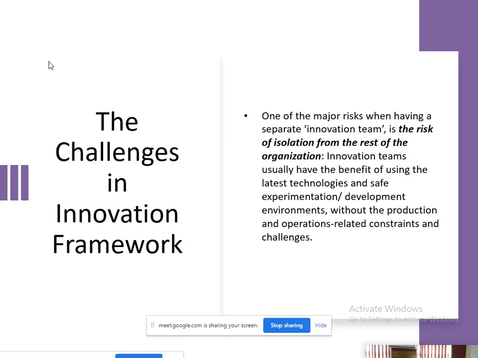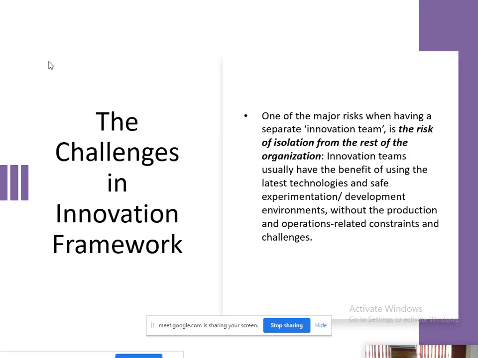Next, there are some benefits also. The innovation team must use the latest technologies, whatever innovation they are trying to do. In the case of manufacturing, it should be safe experimentation, and there must be a developed environment and the latest technologies.